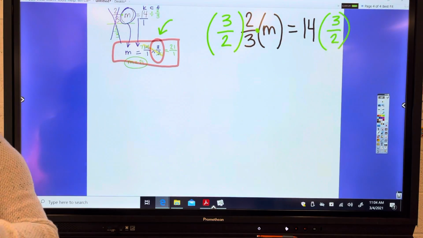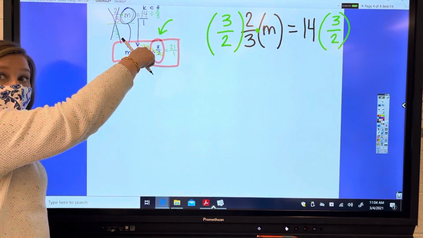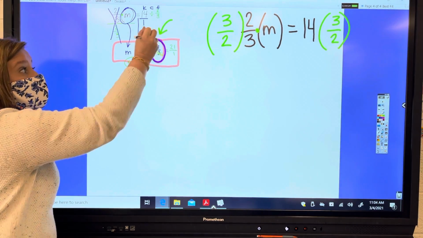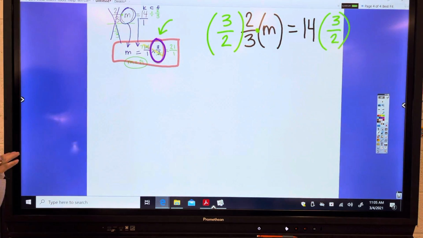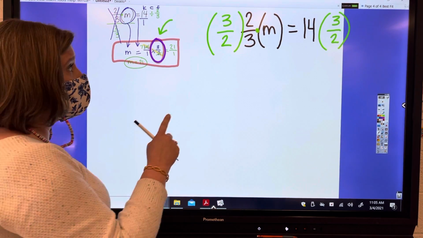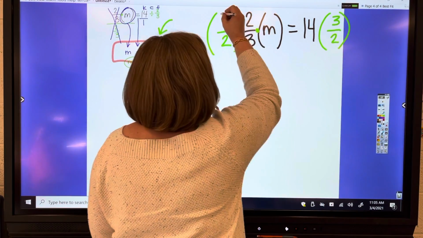Multiply by the reciprocal. Multiply by the flip. Because when we divided by the 2/3 over here, we had to multiply by the flip. So we're just going to skip the division step and go straight to multiply by the reciprocal. Over here, what happens to my 3's?